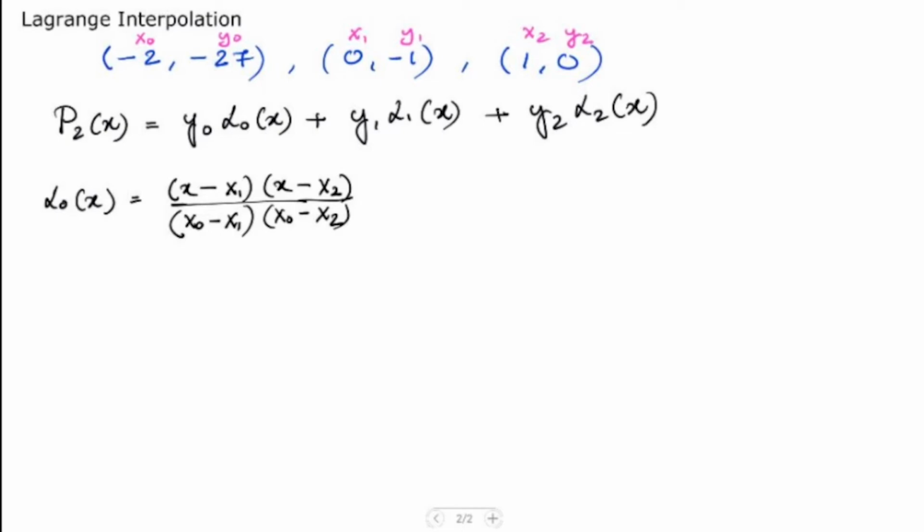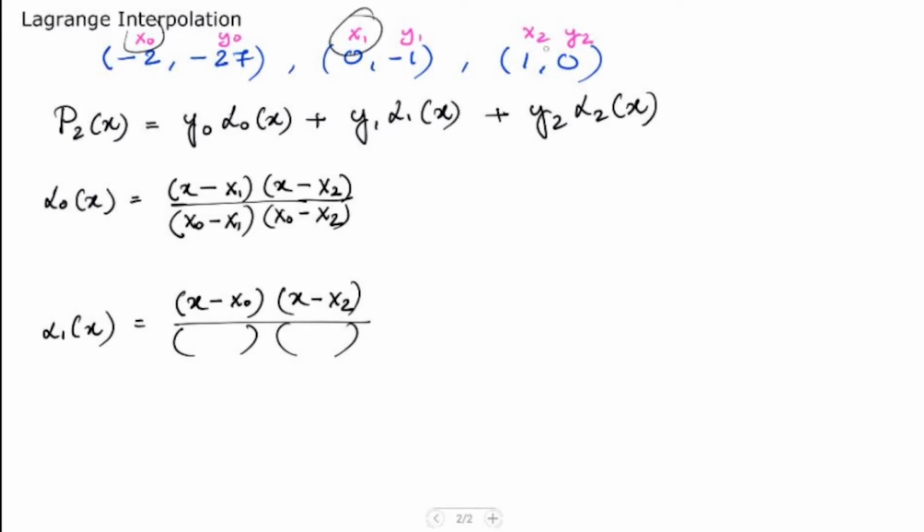Now let's go ahead and find the formula for L1x. L1x will have the same structure, but this time which values do we subtract from x? Because it's 1, we'll avoid x1 at the top, and leaving x1 we have x0 and x2 to be considered.